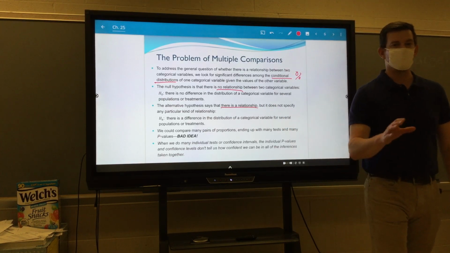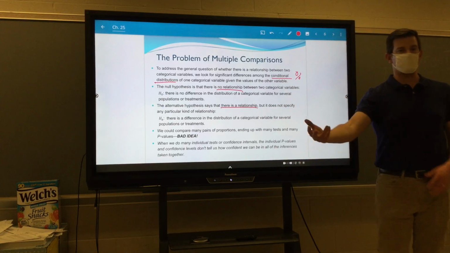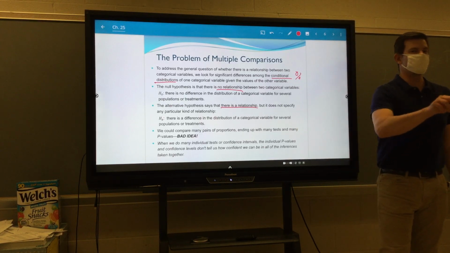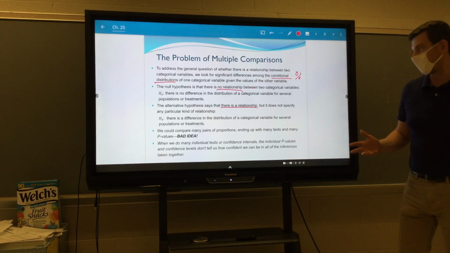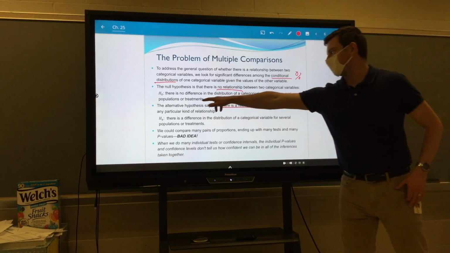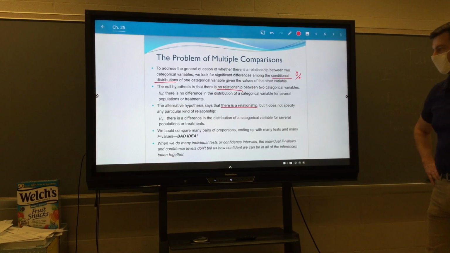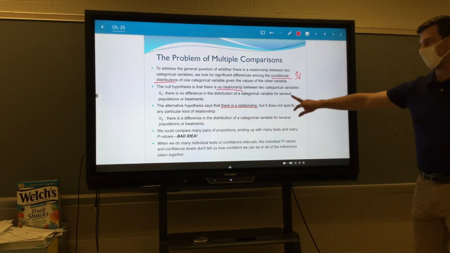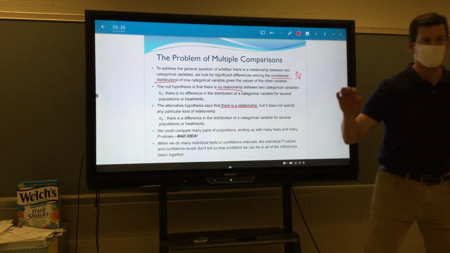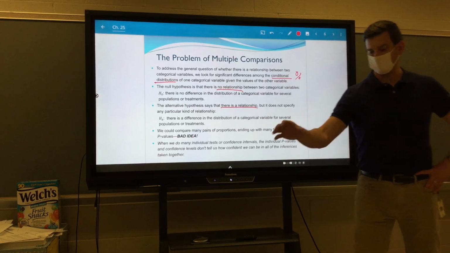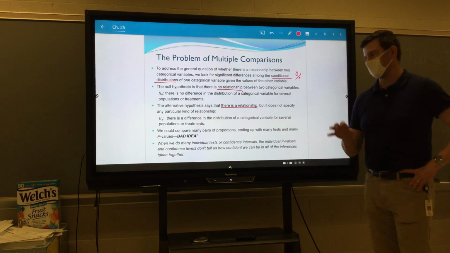The alternative hypothesis, there is a relationship between the explanatory and the response variable. Now, I do want you to adapt that and insert what the explanatory and response variables are. But they say here, there is no difference in the distribution of a categorical variable for several populations or treatments. There is a difference in the distribution of a categorical variable for several populations or treatments. Don't worry about that. Use relationship. There's no relationship as the null. There is a relationship between living arrangement and age in this case.